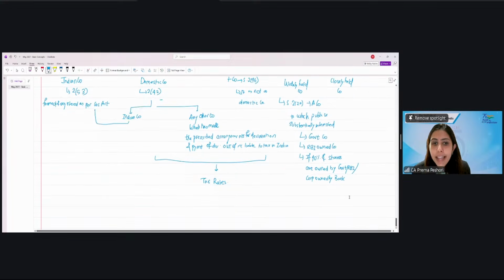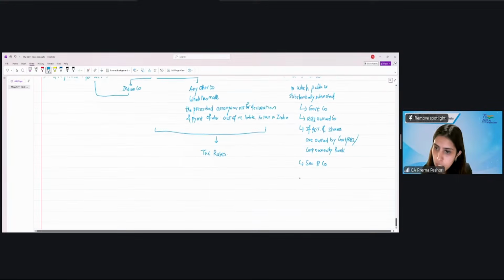Okay. Then Section 8 company, which is the not-for-profit organization. Then a mutual benefit finance company, which carries on the business of accepting the deposits from the members and which is considered to be a nidhi or a mutual benefit company.